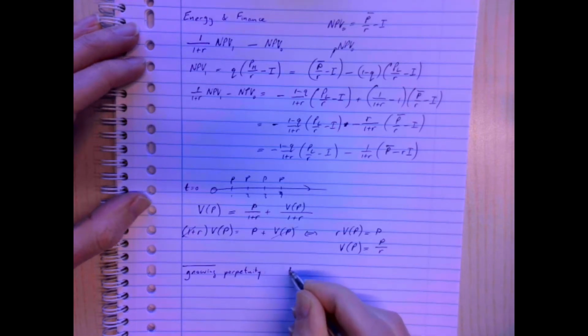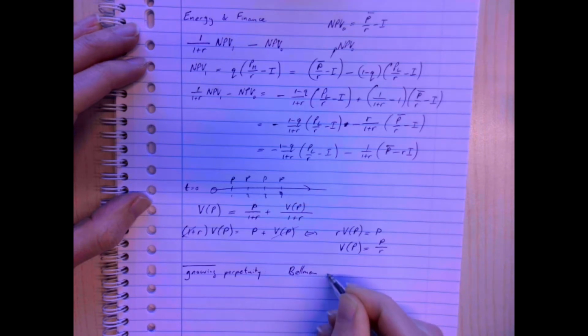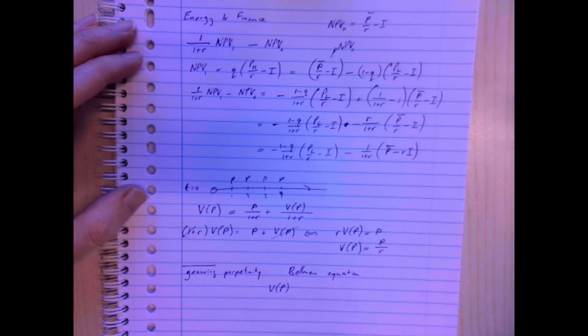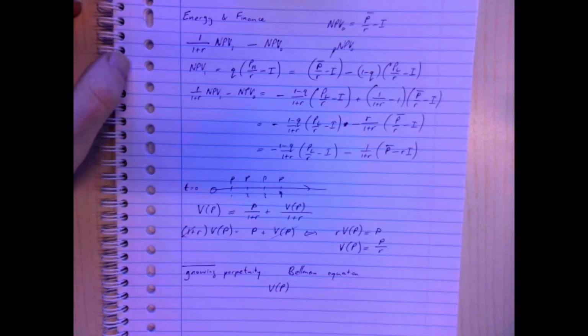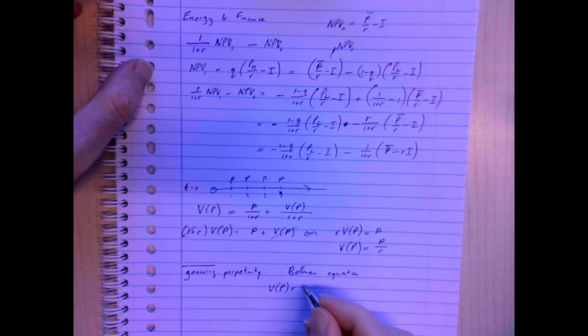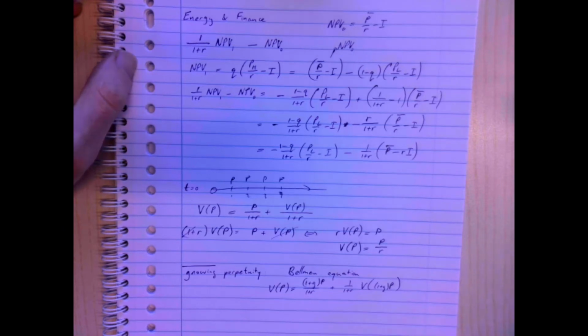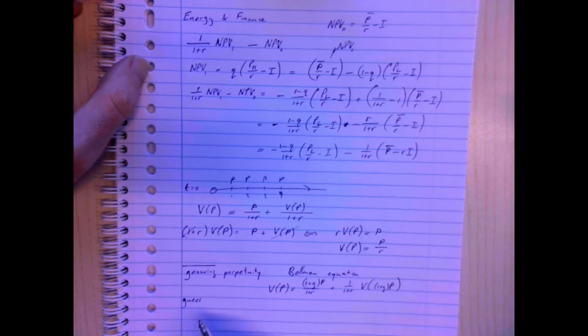So the Bellman equation here looks like this: V of P, so the value of this growing perpetuity V as a function of what today's price is, should equal 1 plus this growth rate times P, discounted, plus the discounted value of this same function V, but now evaluated at this increased price, the higher price, 1 plus G times P. And we're going to guess, or the fancy word for this is Ansatz, that's German of course.